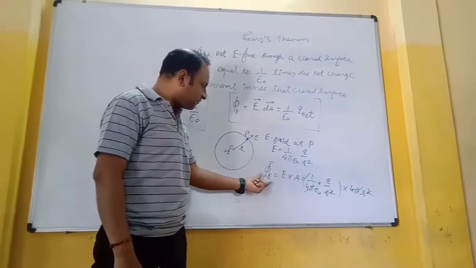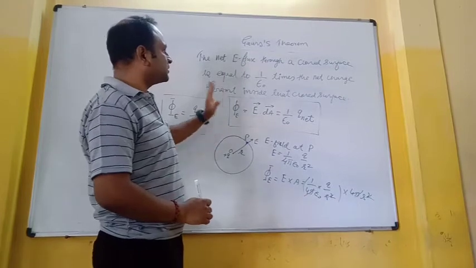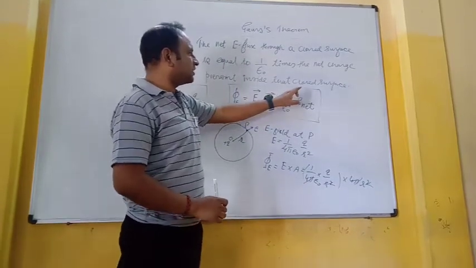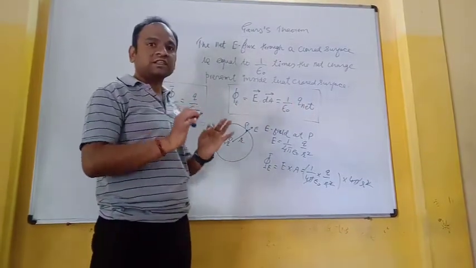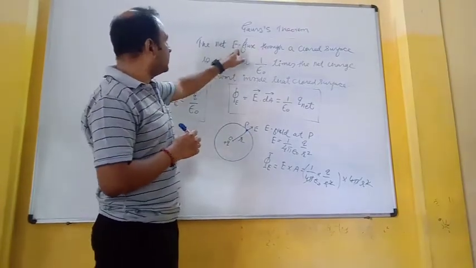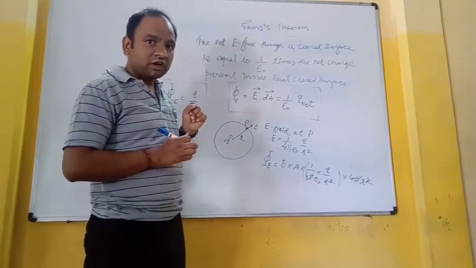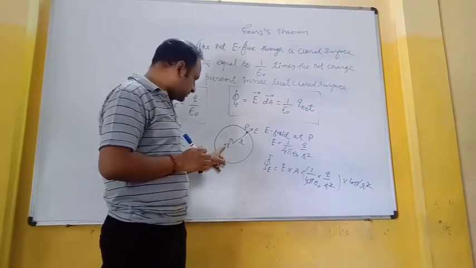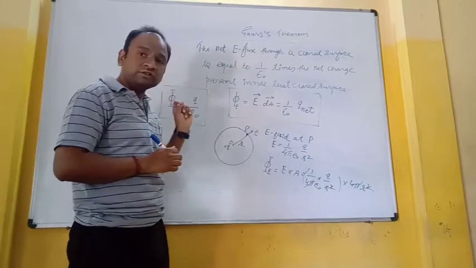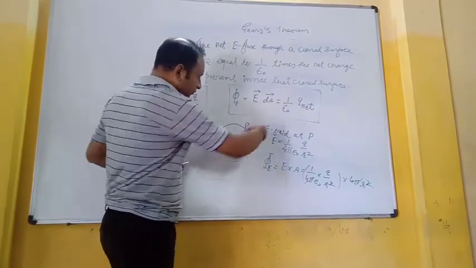So the net electric flux through any closed surface is 1 upon epsilon 0 times the net charge present inside it. I have written the words net flux and net charge. Why? Because if I take a negative source charge over here, then my electric field would be in this direction.